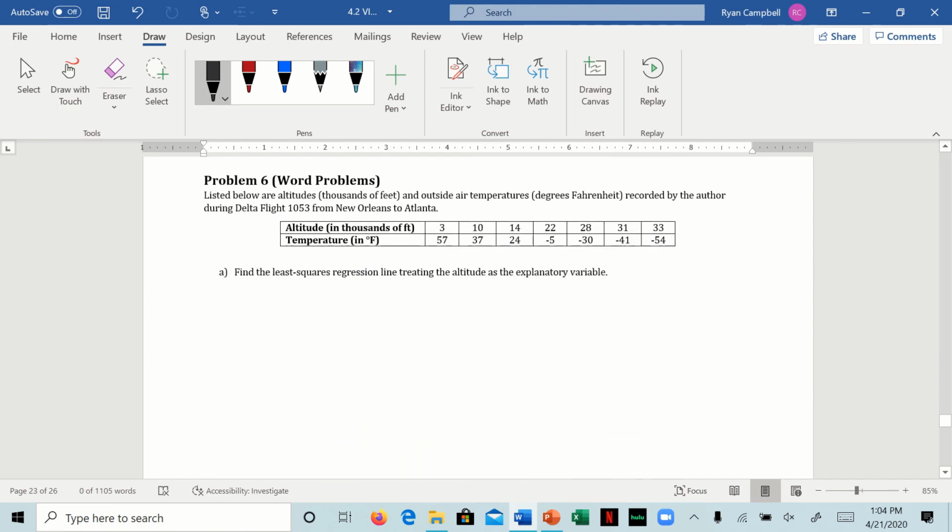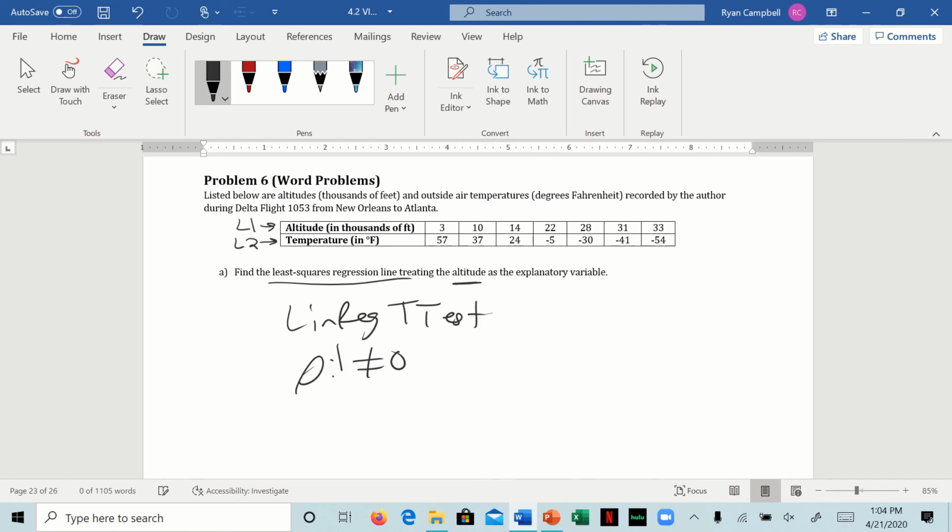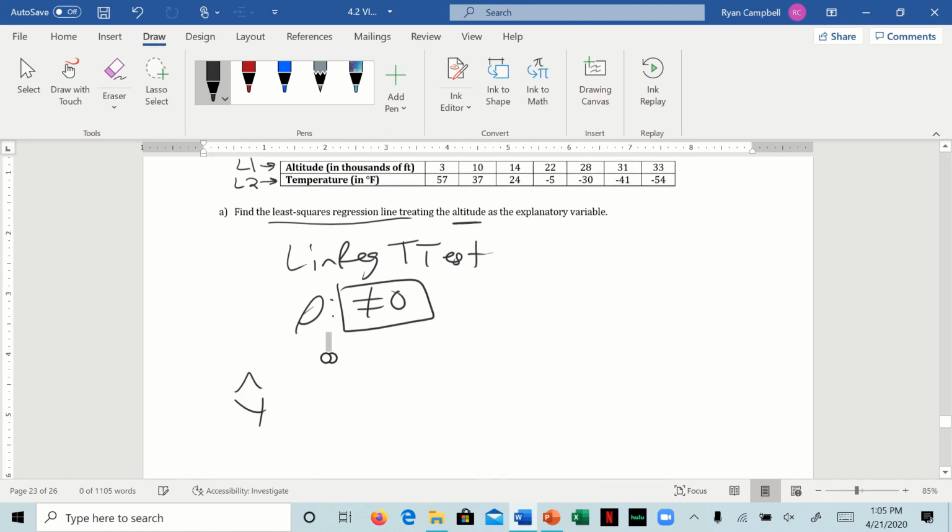All right, last problem. So here's our altitude and temperature one again. Let's let altitude be the explanatory variable. So L1, L2. When we plug all those in, we're going to find our regression line. We need to do LinRegTTest, making sure rho does not equal 0.